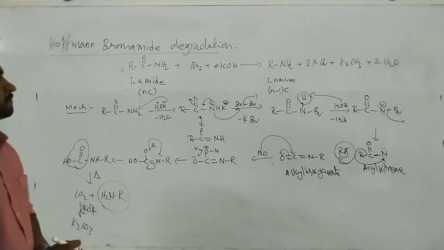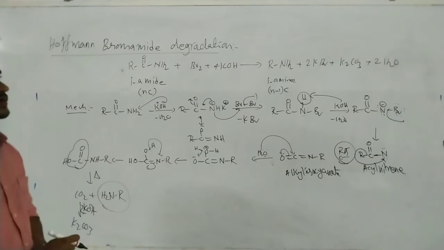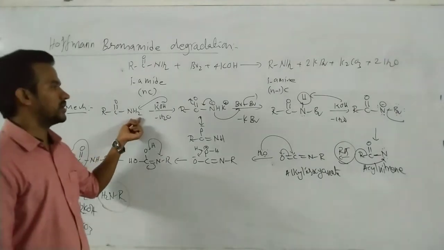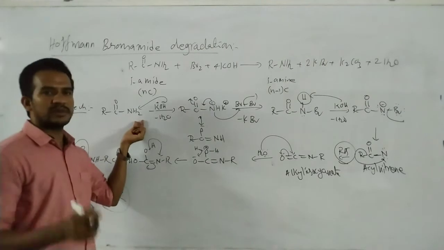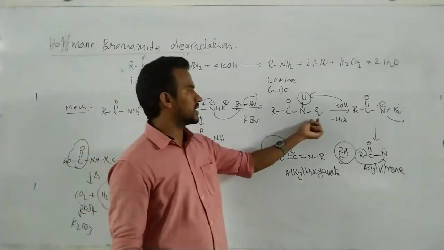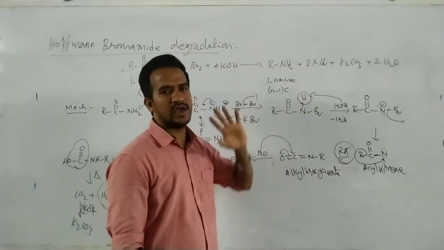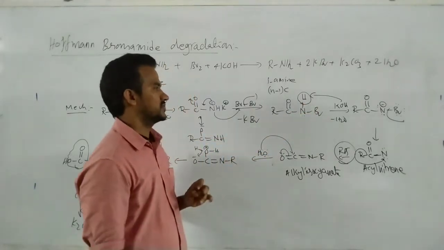So in this case, only primary amides are converted to primary amines. Here 2 hydrogens must be required because first 1 hydrogen must be replaced by bromine, which enhances the acidic nature of the next proton. So further it can react with the KOH. That's it.